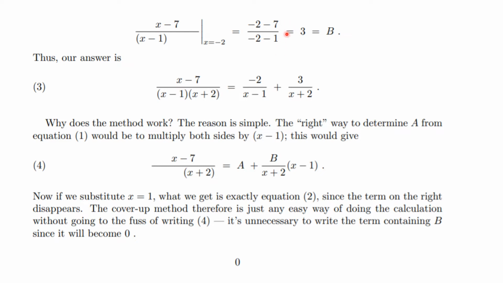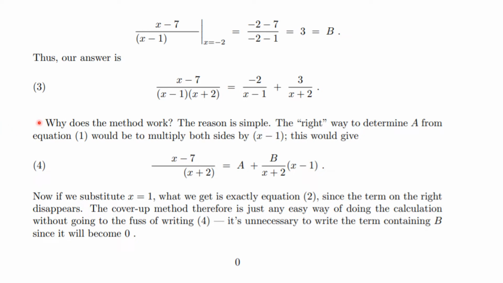We will get minus 9 over minus 3. The minuses will cancel, and we get b is 3. So thus our answer is that x minus 7 over x minus 1 times x plus 2 is equal to minus 2 over x minus 1 plus 3 over x plus 2.